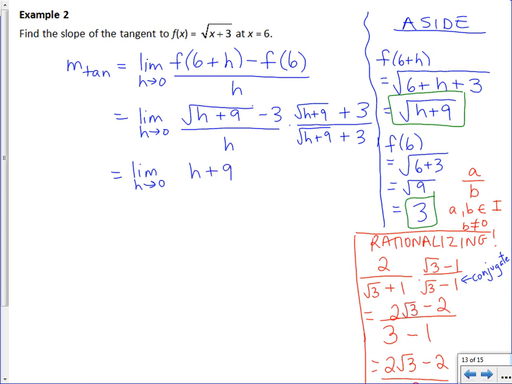If you distributed the root h plus 9 here and the 3 here, those two pieces still have roots in them, but they cancel out to 0. It's the difference of squares pattern. You would have positive 3 root h plus 9 minus 3 root h plus 9, 0. Gone. But then we saw the last term, negative 3 times 3.